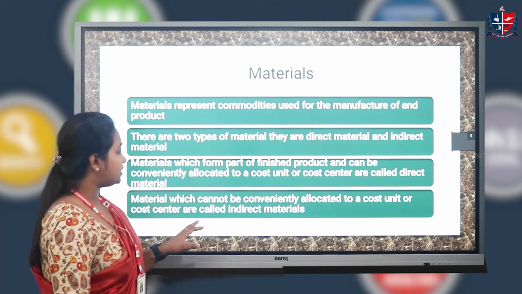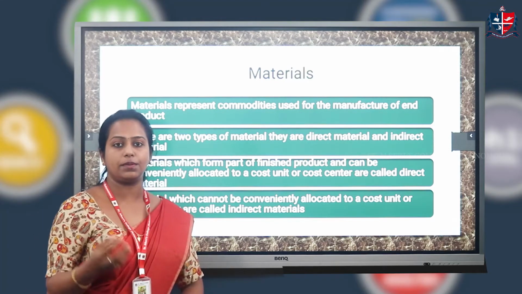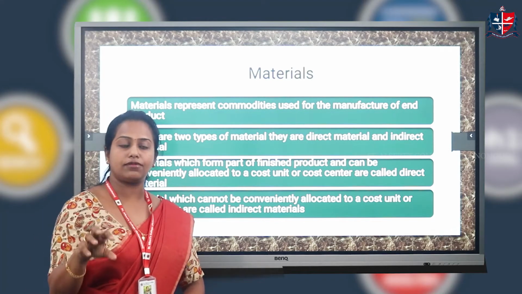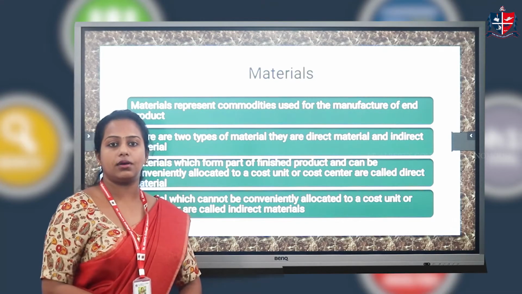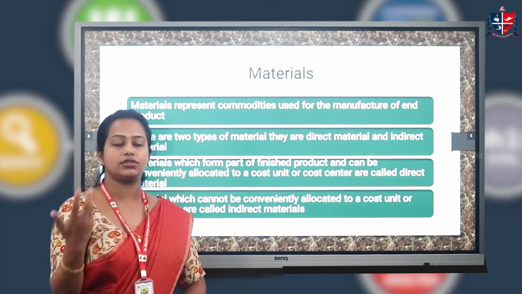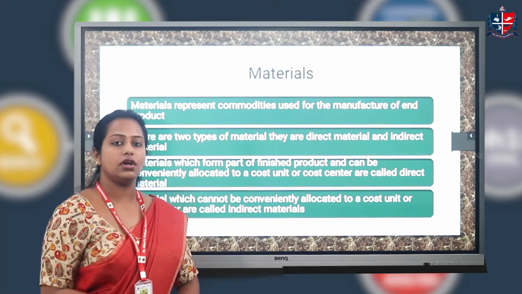Indirect materials are those materials which cannot be conveniently allocated to a particular product. They form a part of the finished product, but they are not a major proportion, and they do not contribute majorly to the product.